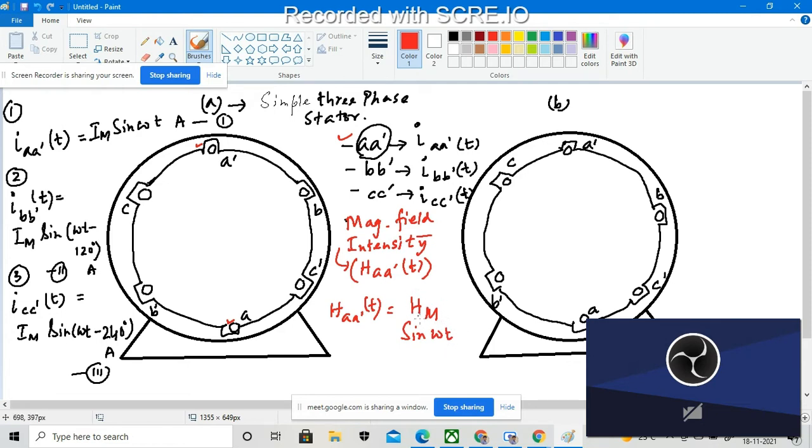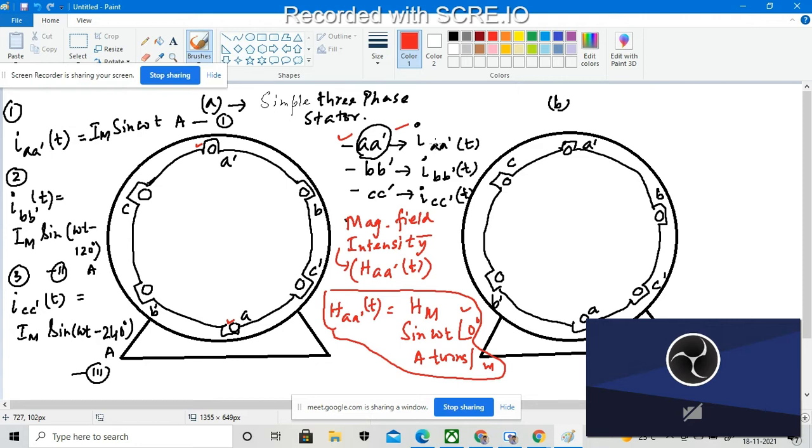This means the total magnetizing field intensity is Hm sine of omega t at an angle of 0 degree. I told you why this particular term will come. The unit will be ampere turns per meter. So this is the equation for the magnetic field intensity due to the flow of the current through this A dash coil.